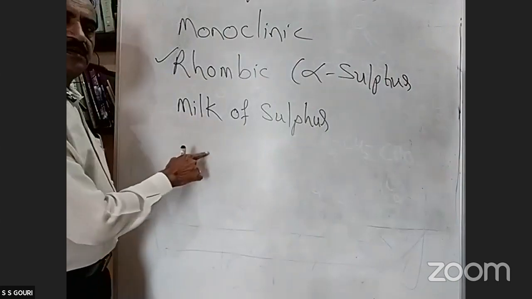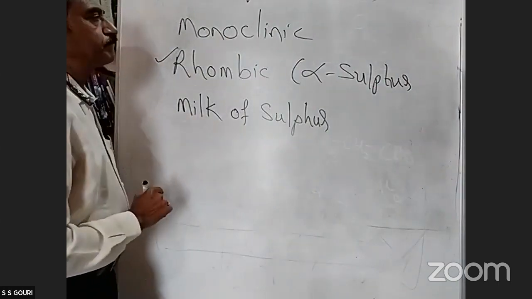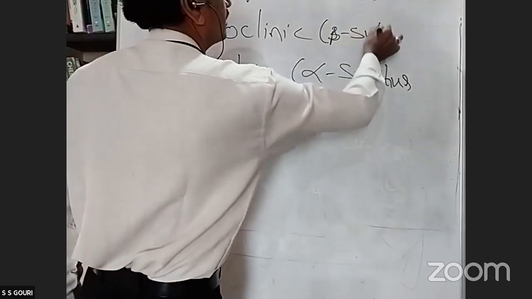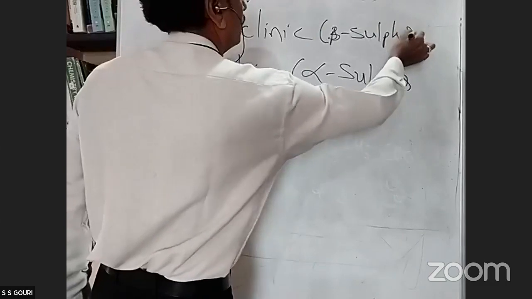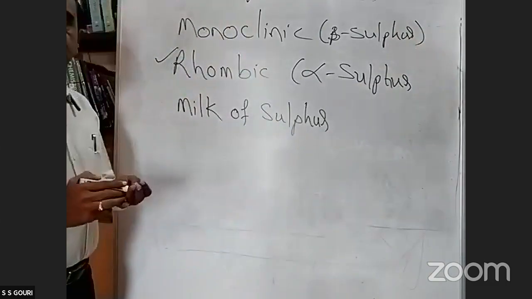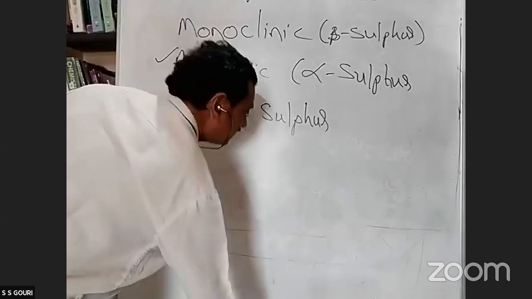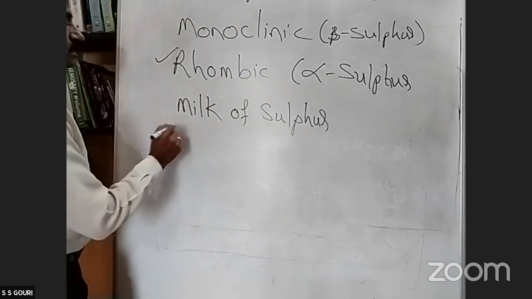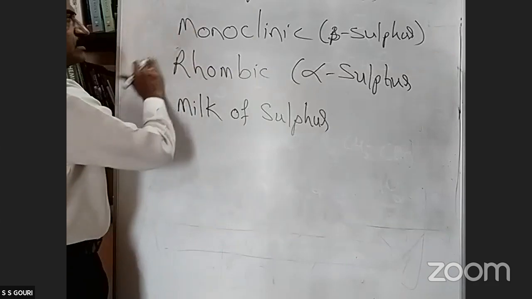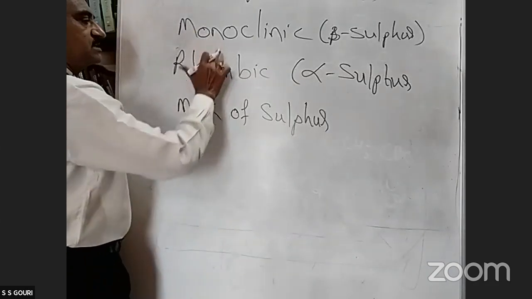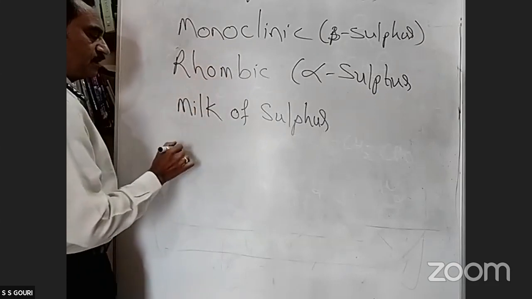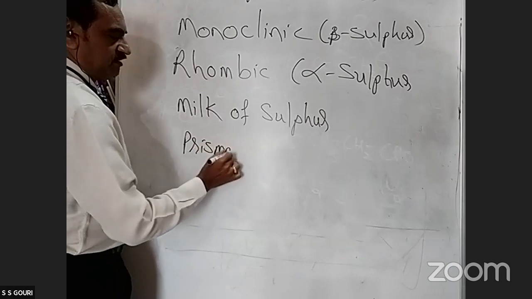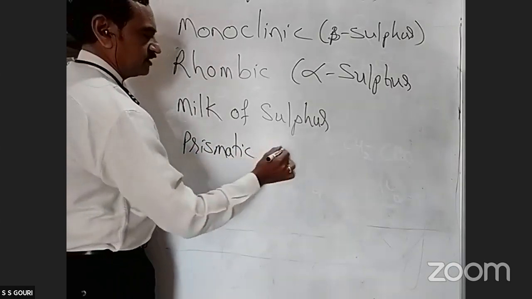Milk of sulfur, and then prismatic sulfur, which is called beta sulfur. All these exist as S8. So you write down the allotropes of sulfur: monoclinic sulfur, rhombic sulfur, milk of sulfur, and prismatic sulfur.